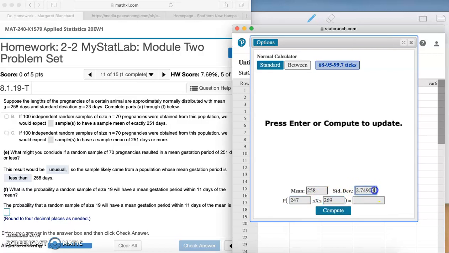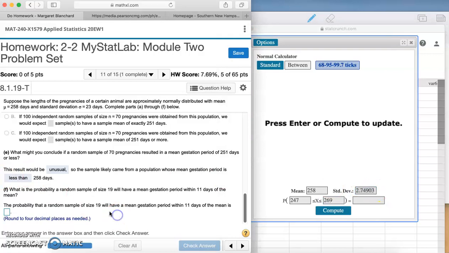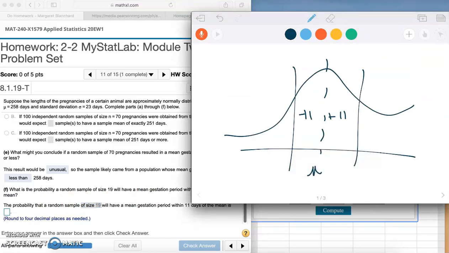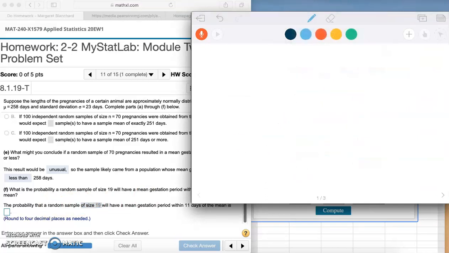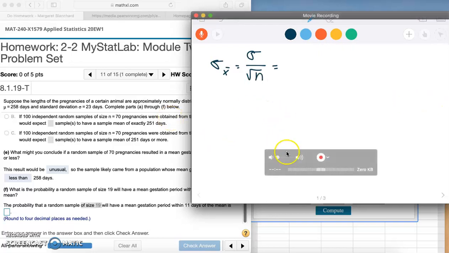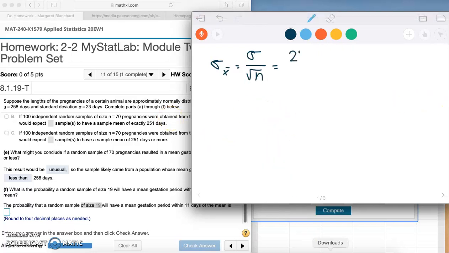But wait, does our standard deviation change? Did our sample size change? Our random sample is size 19. So our mean doesn't change, but let's make sure that we have the right standard deviation. Sigma x bar equals sigma over the square root of n. What was our sigma again? That was 23 days over the square root of 19. Let's put that into our calculator.